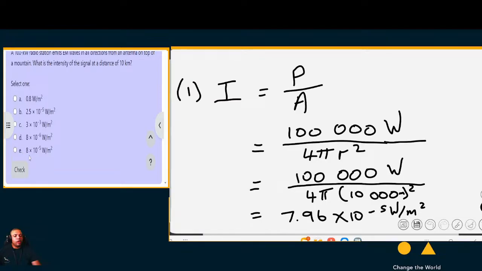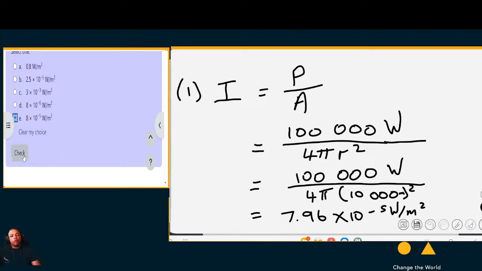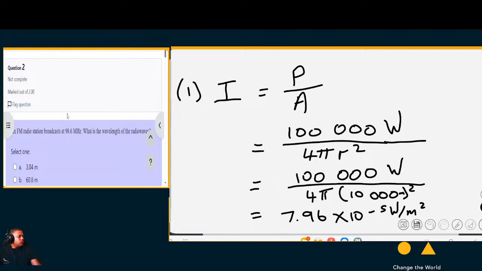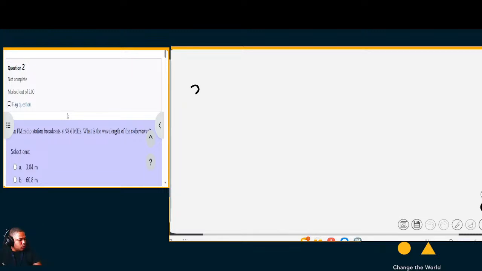They just rounded up. Let's check this one, 8 times 10 to the negative 5 watts per meter squared. Let's see if it's correct. And yes, it is indeed correct. Okay, that is wonderful. These are, by the way, elementary questions based on what you know so far about optics from school.